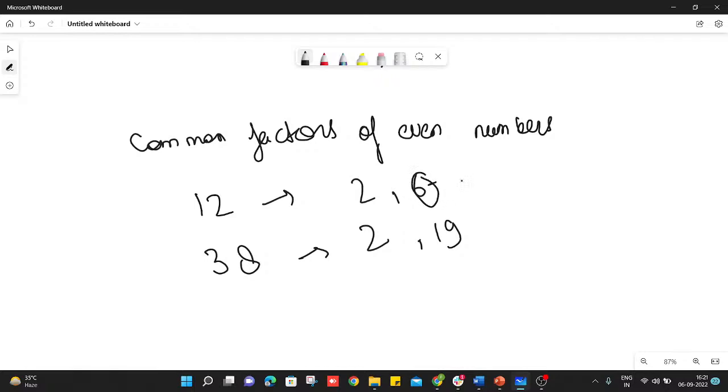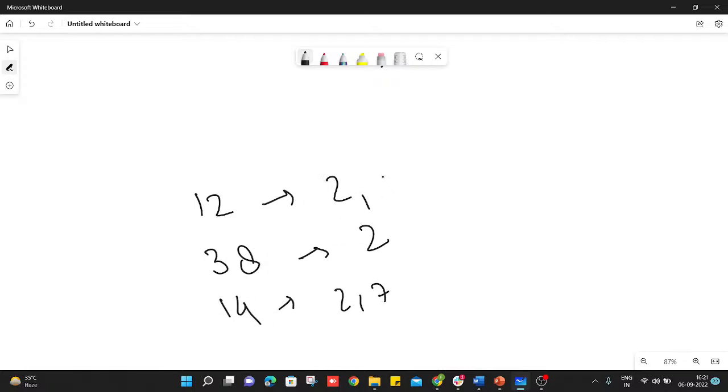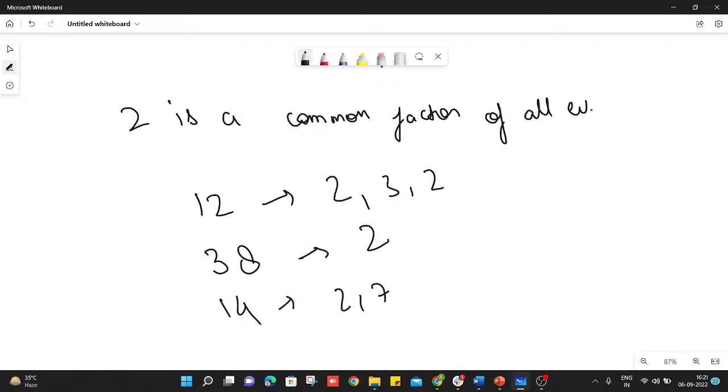We can, instead of writing 6, write 3 times 2. Let me write it here for you, and erase all of it. 2 is a common factor of all even numbers.